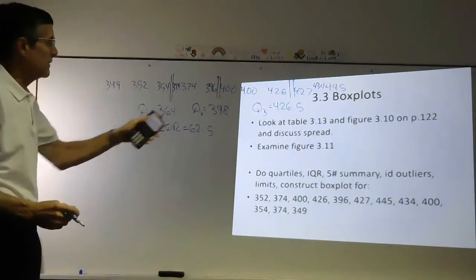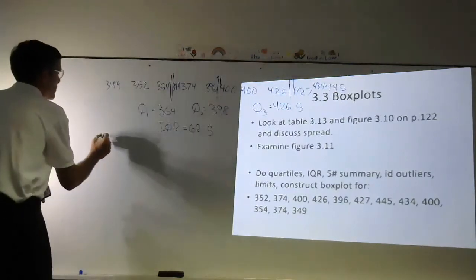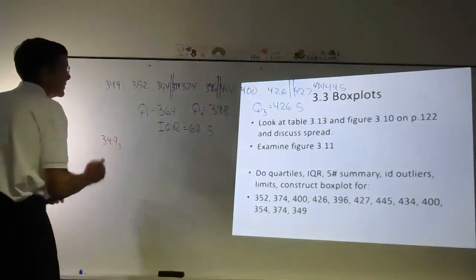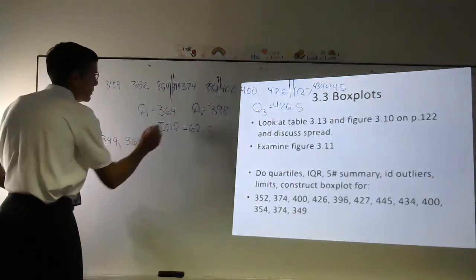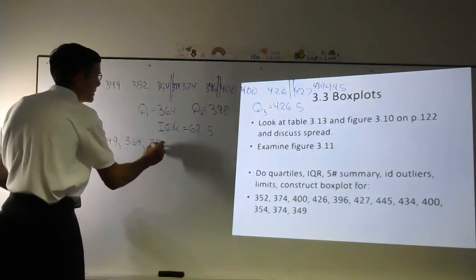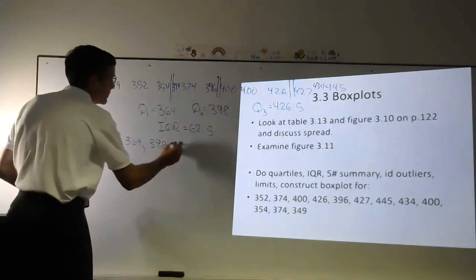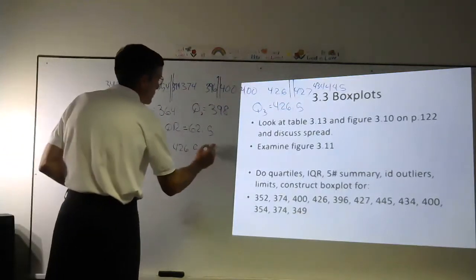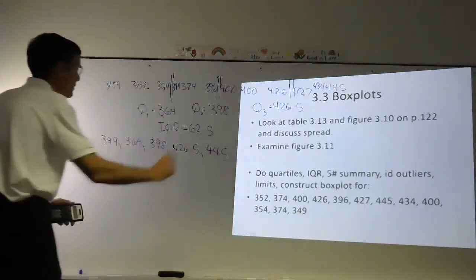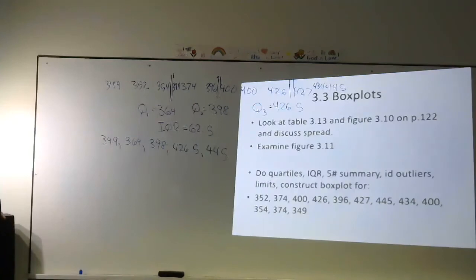Okay, 5-number summary: lowest value, 349. Q1, 364. Q2, 398. Q3, 426.5. And the highest value, 445. There's your 5-number summary.